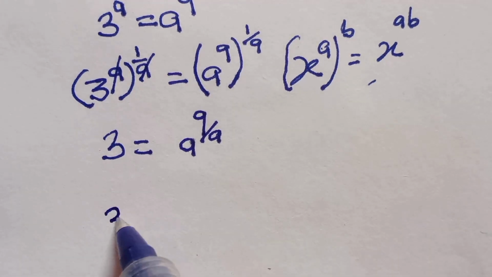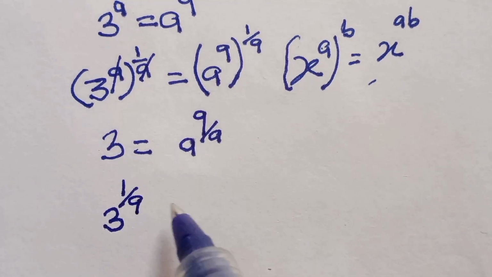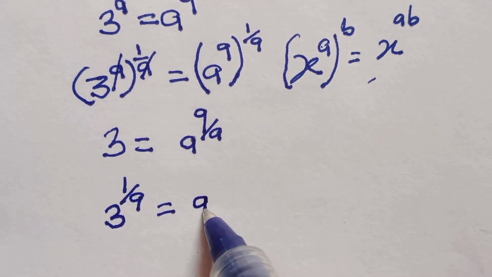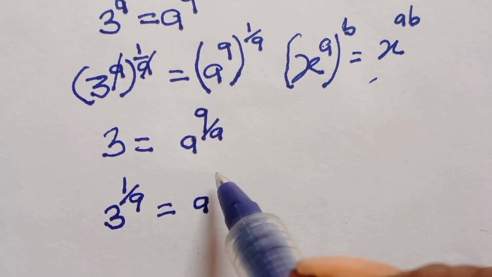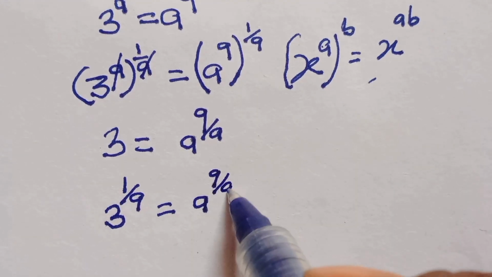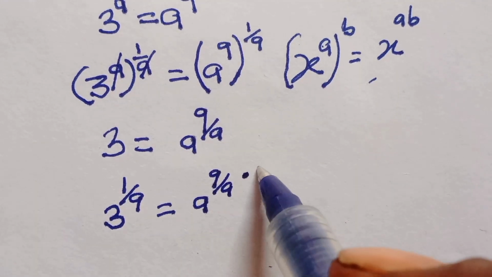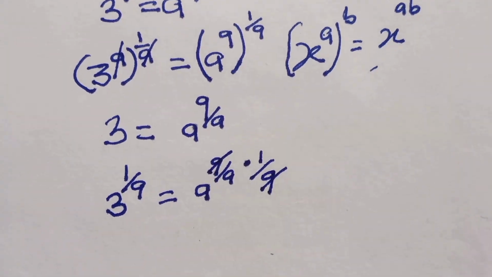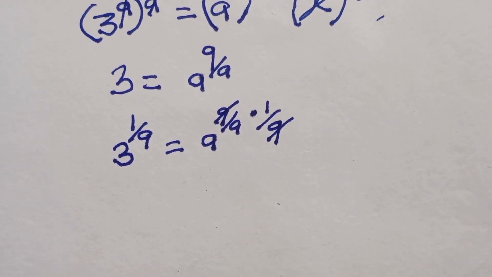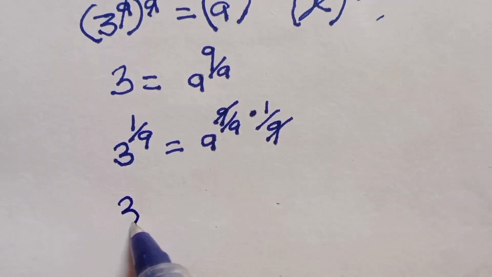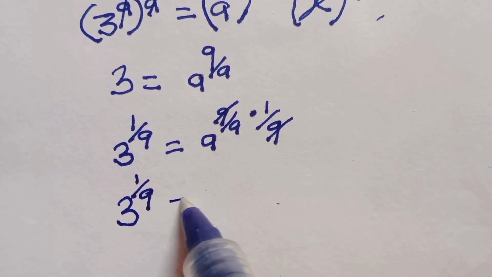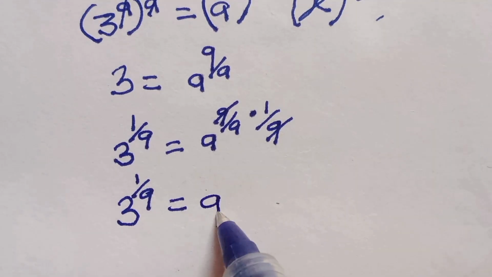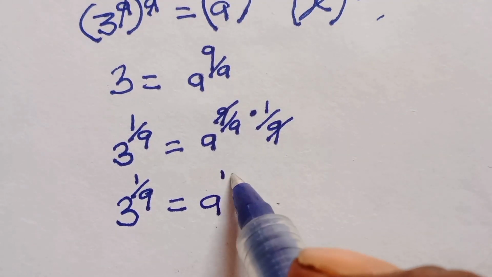So from here, you can simply have 3 raised power 1 over 9 multiplied to the left hand side, and we'll do the same thing to the right hand side as well, by saying you have 9 divided by a multiplied by 1 divided by 9. So this 9 we cancel out this 9. Now we are left with 3 raised power 1 over 9 to be equal to a raised power 1 over a.